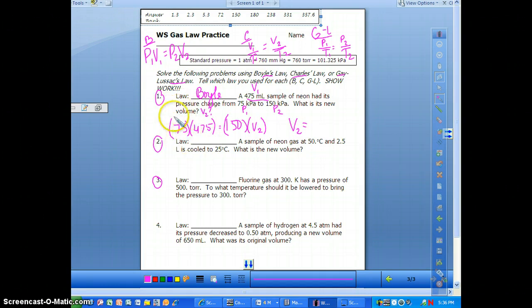You're going to want to do 75 times 475 divided by 150. And that answer is 238. So you'll mark that out of your answer bank. Units match V1's units, so they are milliliters.